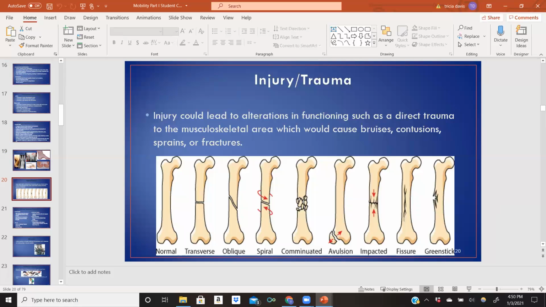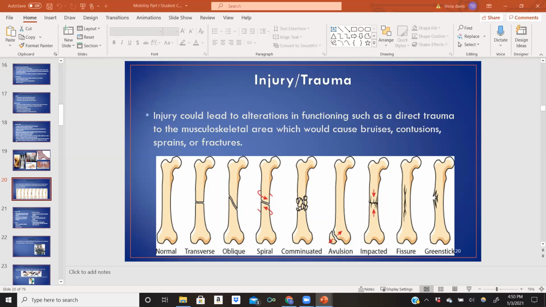So, injury and trauma, we know, can lead to alterations in functioning, such as a direct trauma to the musculoskeletal area, which could cause a bruise, it could cause a contusion, a sprain, and even a fracture. So your first bone here is normal. There's nothing wrong with it. The second picture you see is a transverse break. It was right down the middle across the side there, very straight.